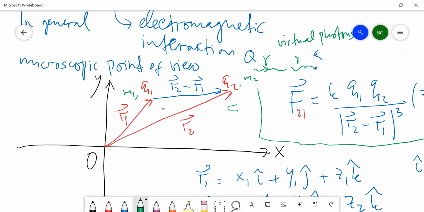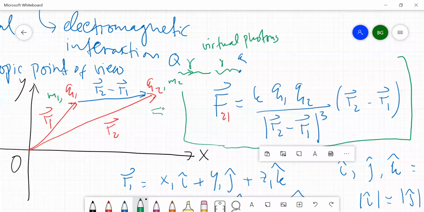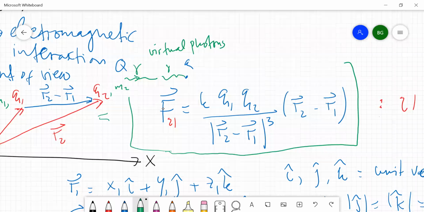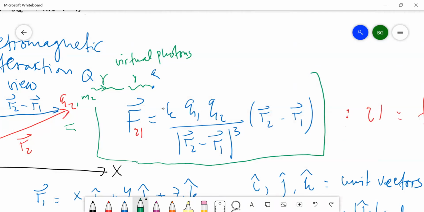So formally, we could say that F21 equals K Q1 times Q2 over the modulus of the difference R2 minus R1, to the power of 3, times the vector R2 minus R1.